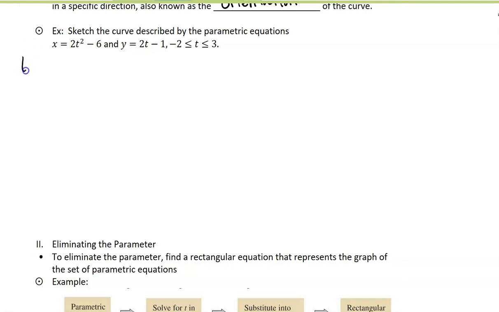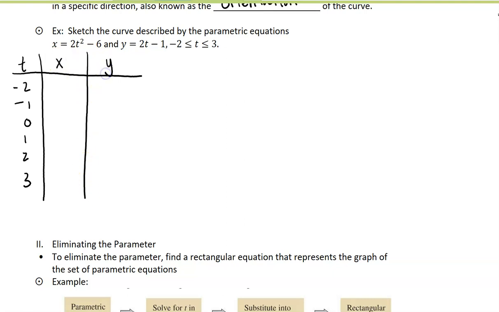So I'm going to create a chart, and we're going to go from negative 2 up to 3. We're going to find x, and we're going to find y. So I'm going to plug negative 2 into both of these equations.